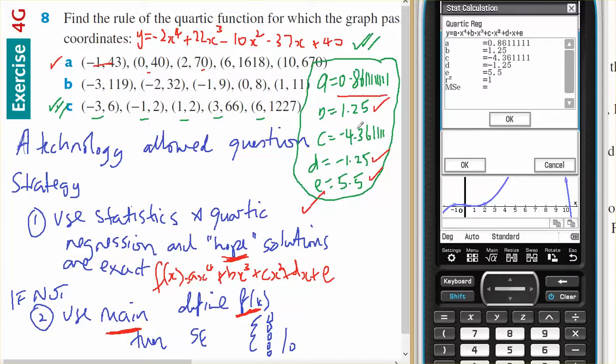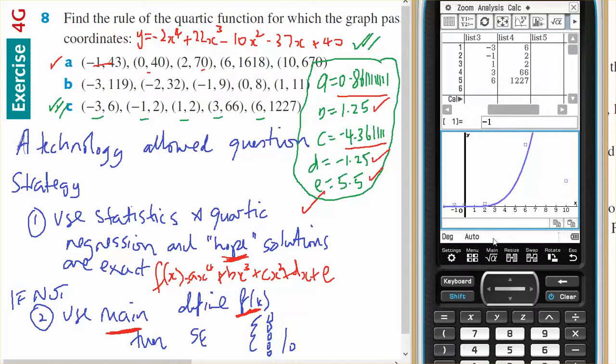These are not exact because they've been rounded to however many decimal places fit in here. But it looks as if there is a recurring decimal. I can actually go over into Main and fix this up and find out exactly what this is.